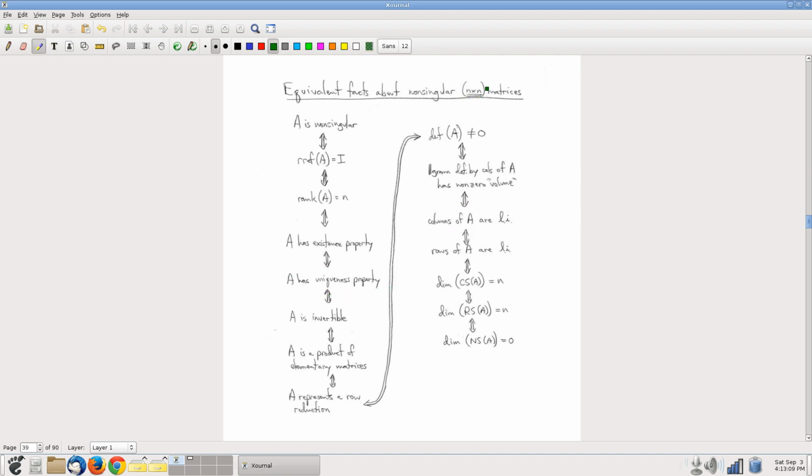If you find yourself with a matrix that you know has the existence property, then you know that the columns of that matrix are independent. And if you find a matrix for which the row space is n-dimensional, then you know that matrix is invertible, etc. So there's a powerful fact in that all of these being equivalent means you can pair them up in whatever way you like.